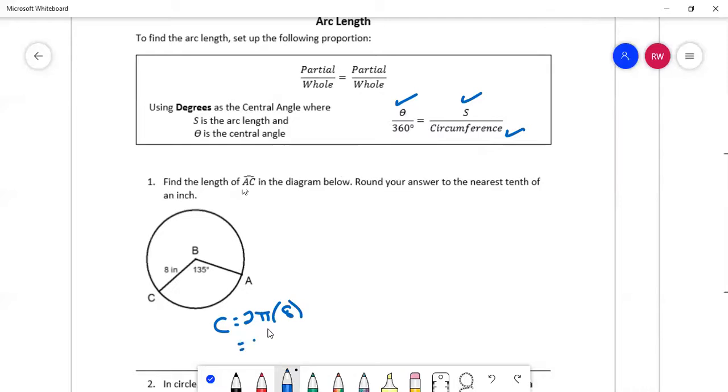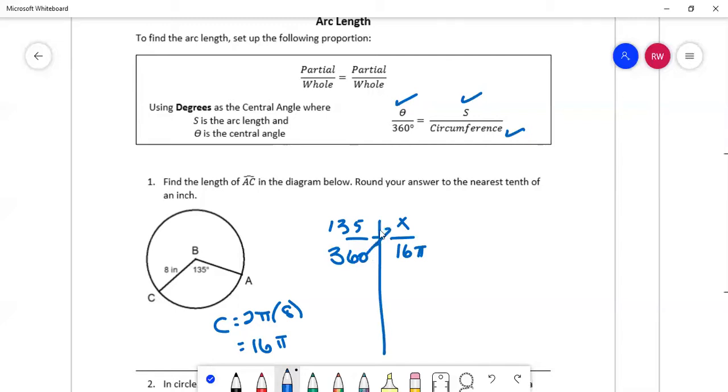So my circumference is equal to 16 pi. Let's set up a proportion now. 360 always goes down here. The top left-hand corner is the central angle. My central angle here is 135, is equal to the arc length, that's what we want to find, over the circumference, which is 16 pi.